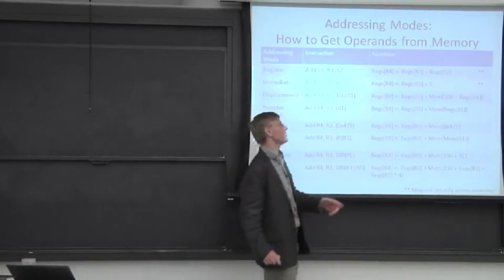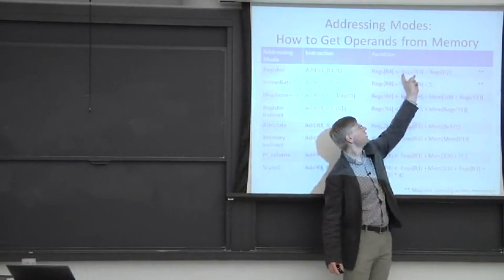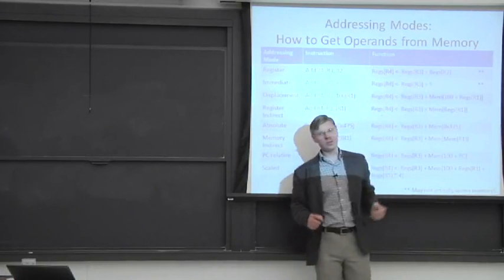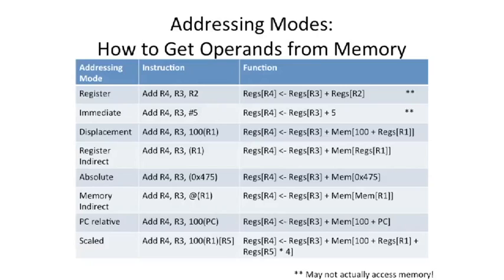So in a register-based addressing mode, we can only name registers and put the result in another register. And this is a 3 operand format here. x86 would only have 2. But you can name register 3, register 2, add them together, and put them into register 4, for instance.